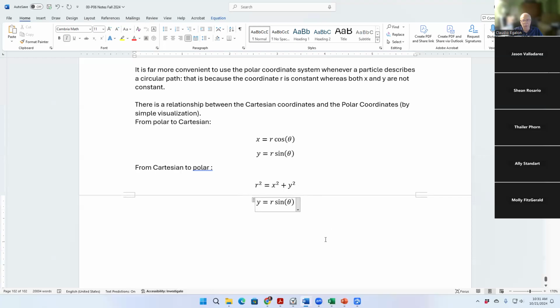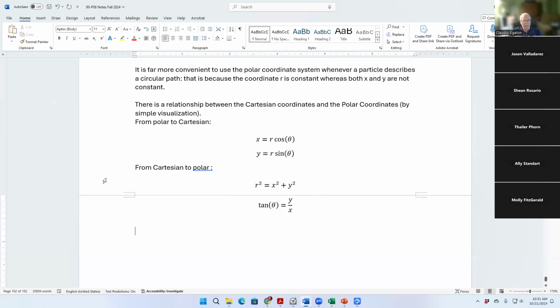And if you want to find out the angle theta, all we have to do is to divide this equation here by this equation here. And then we get tangent of theta equal to y over x, right? From Cartesian to polar.